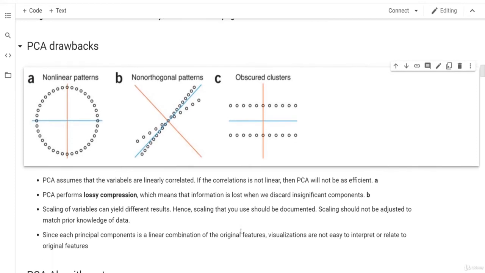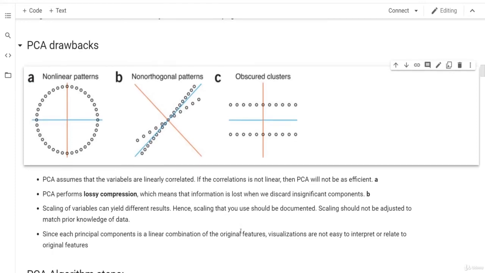And the final thing you need to know about the PCA drawbacks is that since each single component is a linear combination of the original features, then when we visualize the new components or the new features, sometimes they are not easy to interpret or relate to the original features. So let's say we have 10 features and we use the principal components and we get the first two components, and we visualize these two components.